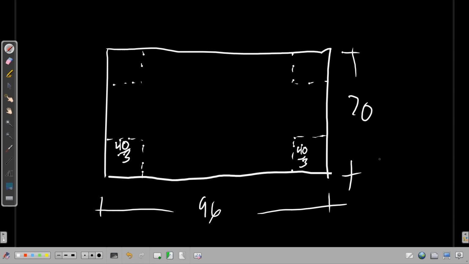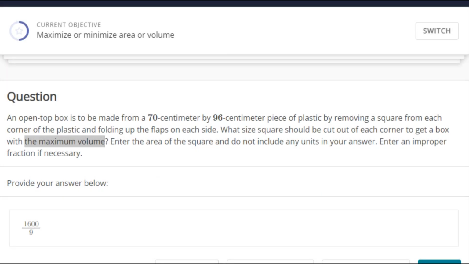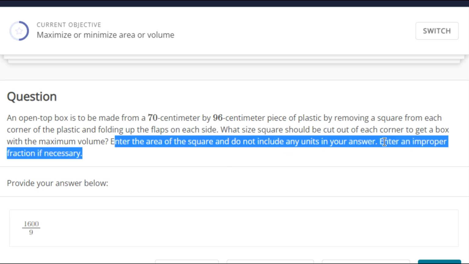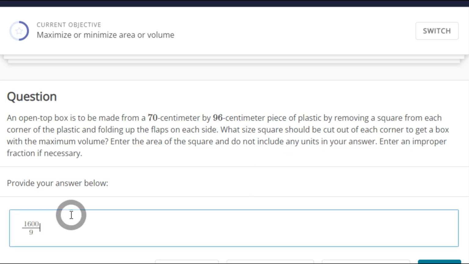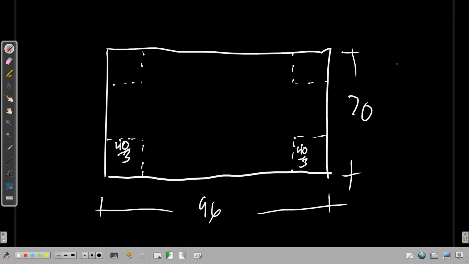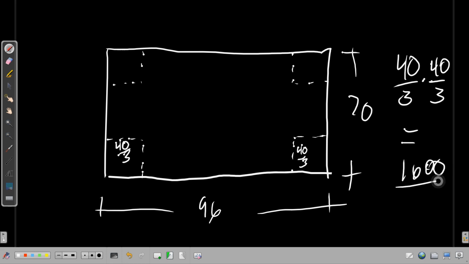And there we are. Now the question wants to know, enter the area of the square and do not include any units in your answer. So 40 over 3 squared is that number, right? 40 over 3 times 40 over 3 is 1600 over 9.